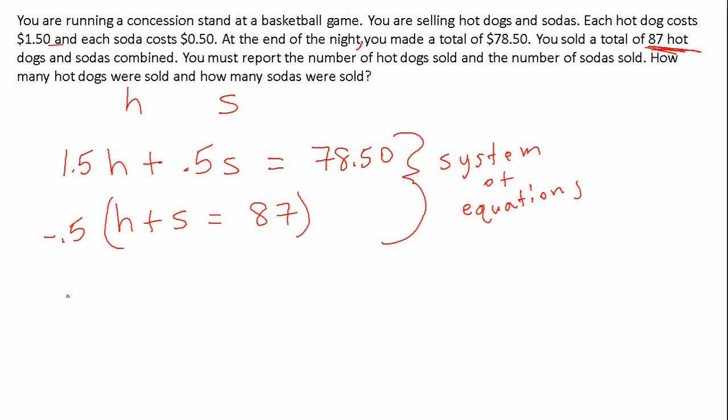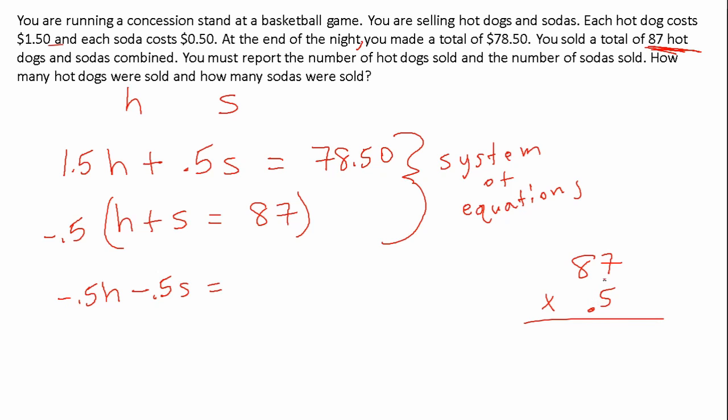Negative 0.5 times H is negative 0.5H. Negative 0.5 times S is negative 0.5S. And finally, negative 0.5 times 87. Let's go ahead and work that out. In this case, we're doing multiplication with a whole number times a decimal.